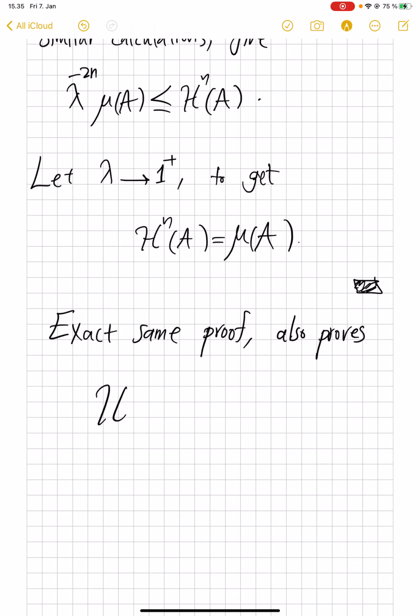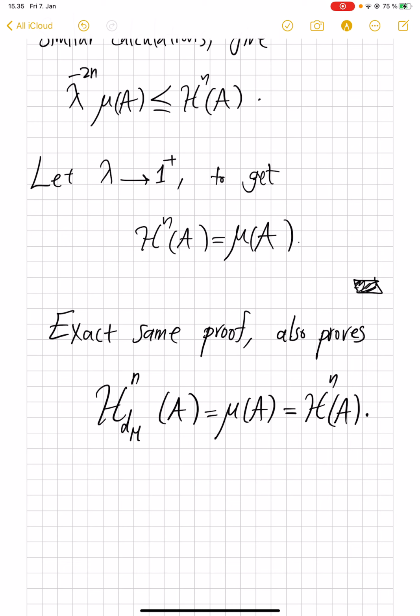That H^n, this Hausdorff measure, computed with respect to this inner metric, also coincides with the mu. Exact same proof as above, just change H^n to H^n_d, and every estimate we had there is still true there.